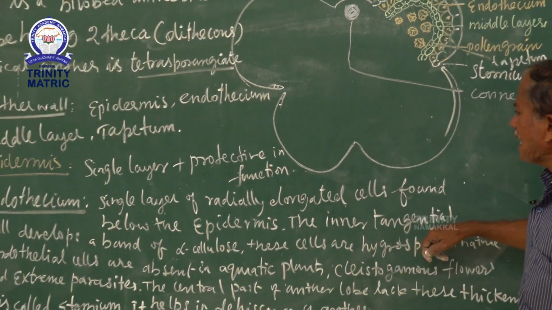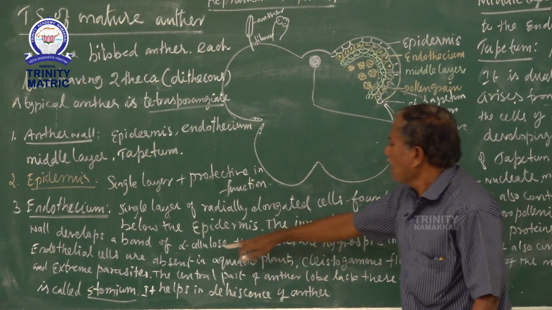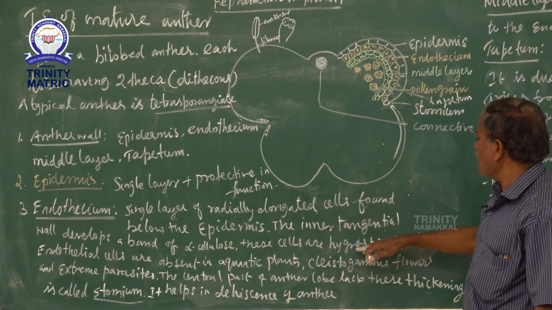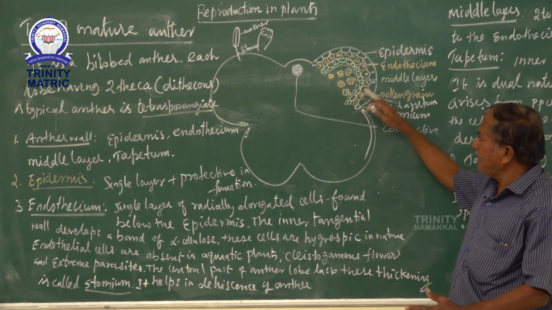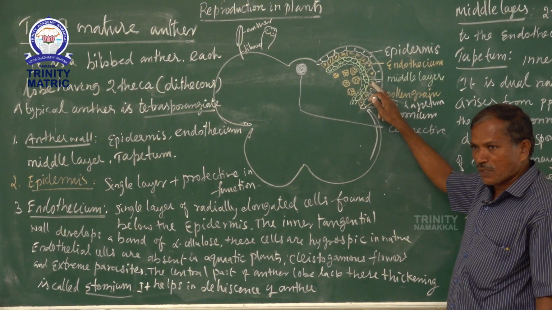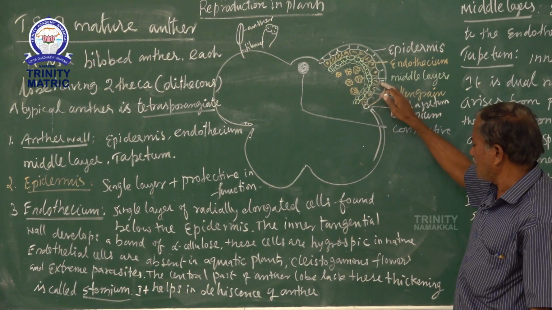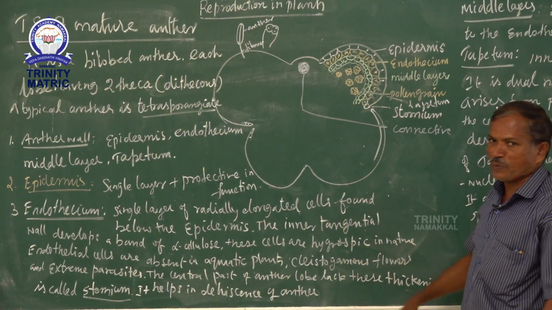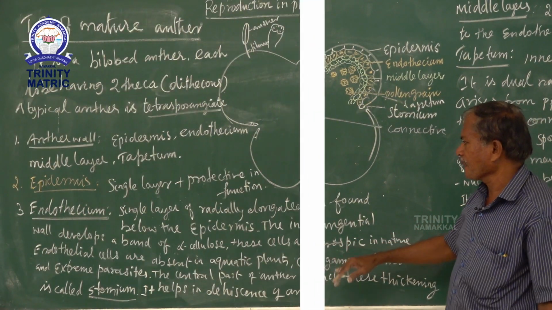The inner tangential endothecial cells are made up of alpha cellulose. They are hygroscopic in nature, because during the dehiscence of the anther they absorb more water and help in the dehiscence of the anther. Hygroscopic means absorbs more water, water loving.